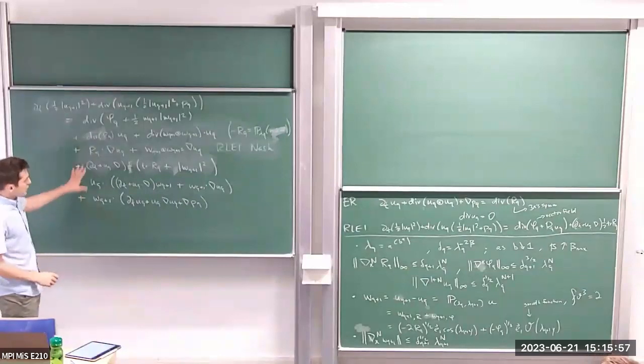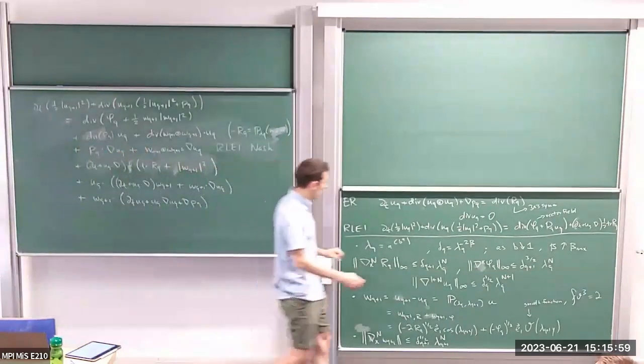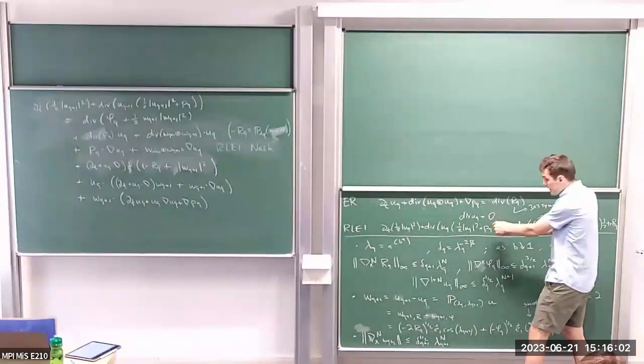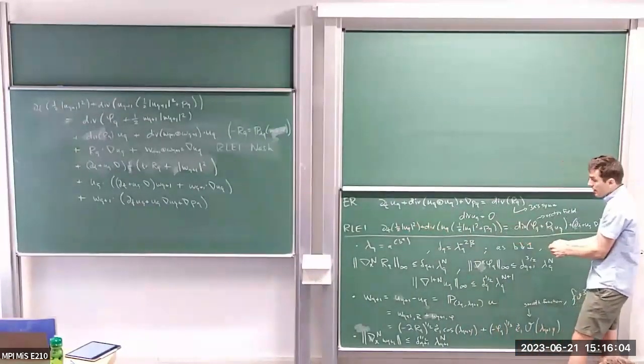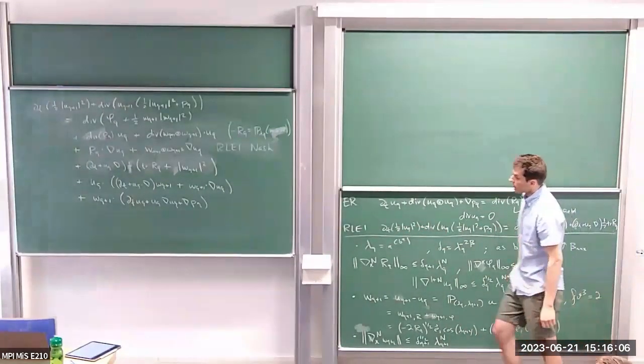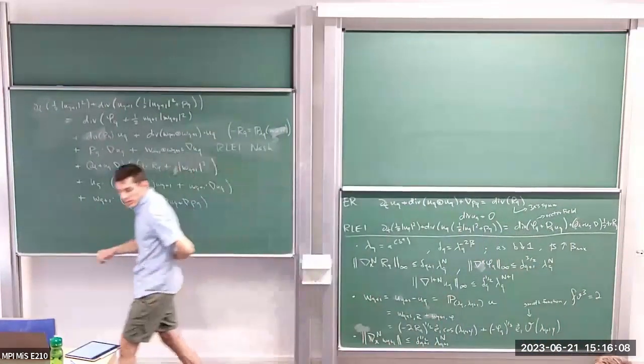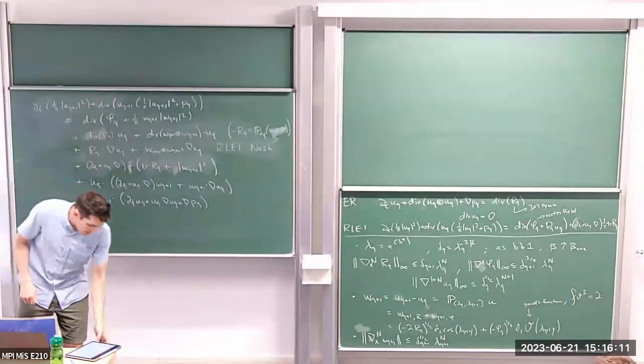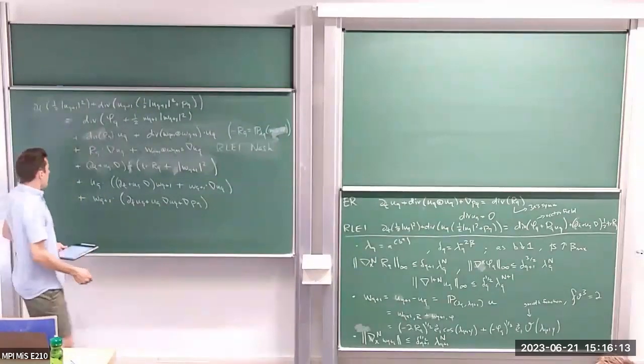All right, so this is what you get if you just distribute all the different terms from this thing at level Q plus 1, and I've arranged it in a way which will be advantageous for us.